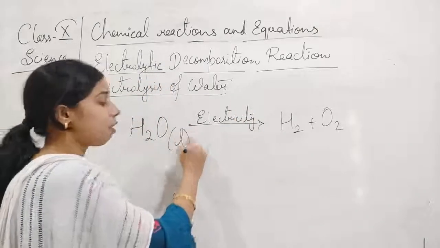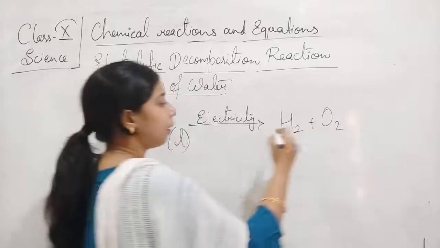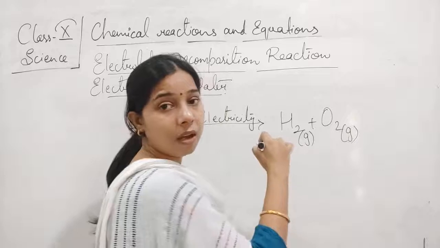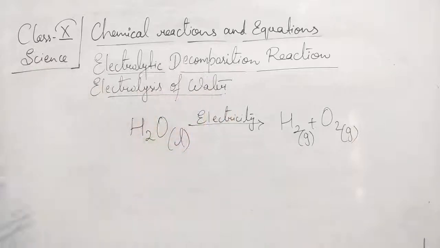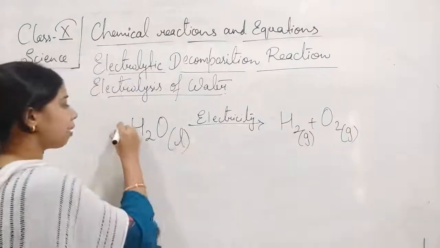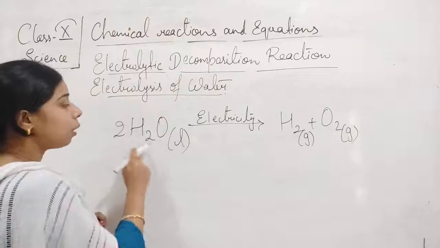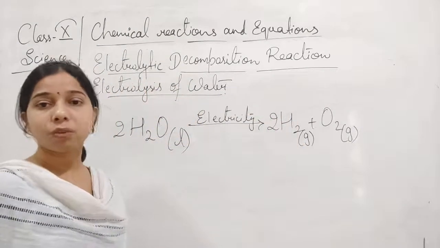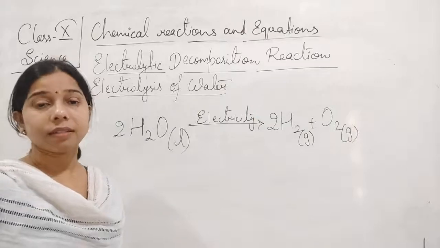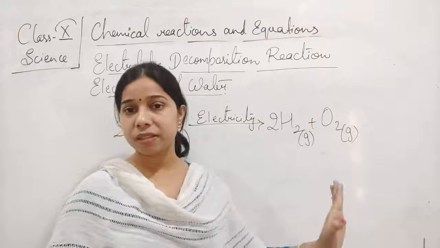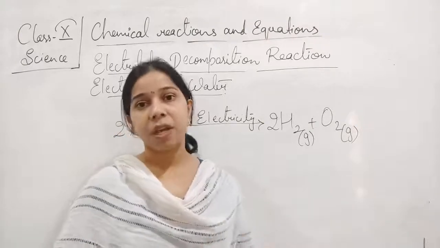H2O is in liquid form, and hydrogen and oxygen are both gases, students. Now we have to balance it, because oxygen is 2 on one side and 1 on the other. So we write 2 here. Now hydrogen becomes 4, so we put a 2 here so that the reaction is balanced. This is an example of an electrolytic decomposition reaction.